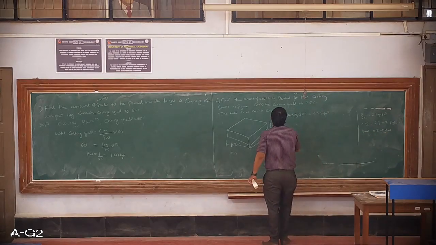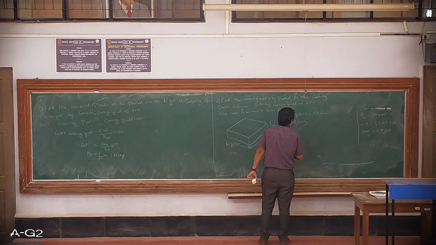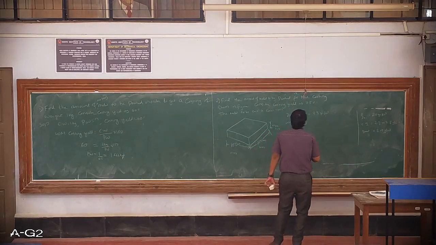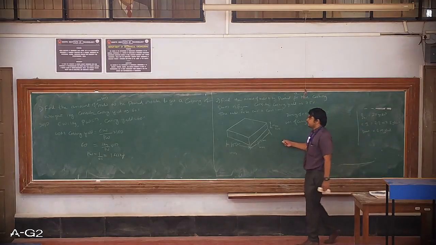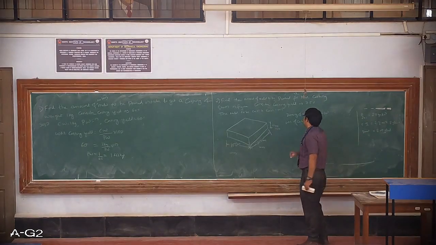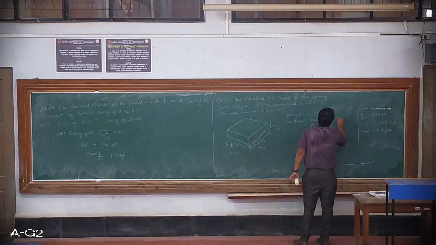So here, the weight of the casting we need to find out. Density means mass by volume. And here the volume of the casting is this particular dimension. Weight of the casting is equal to volume of the casting into density of the cast iron.